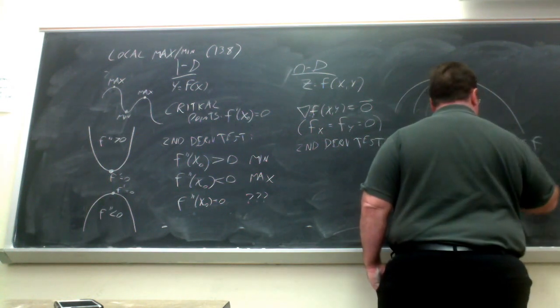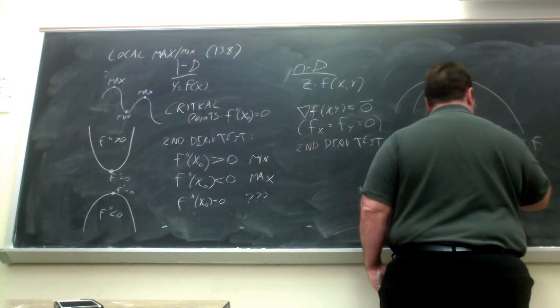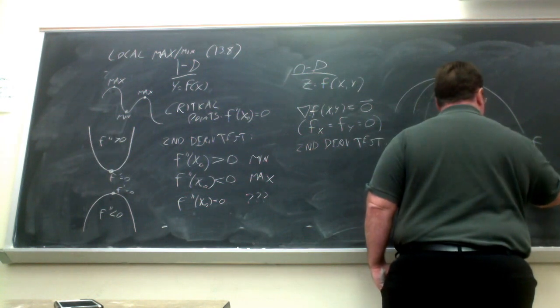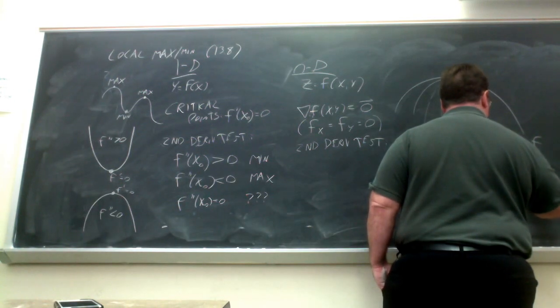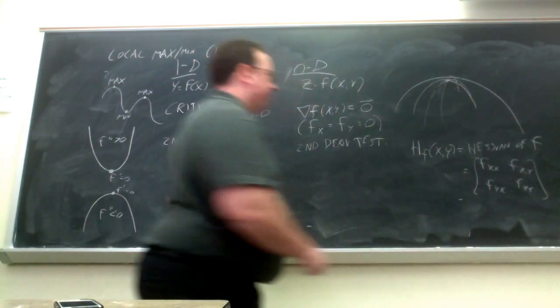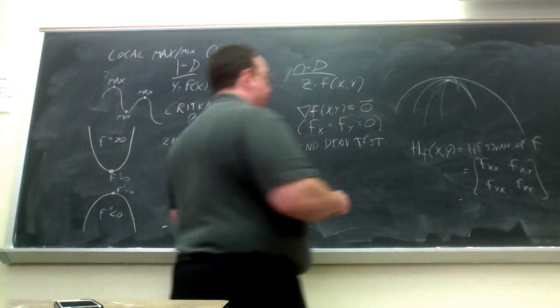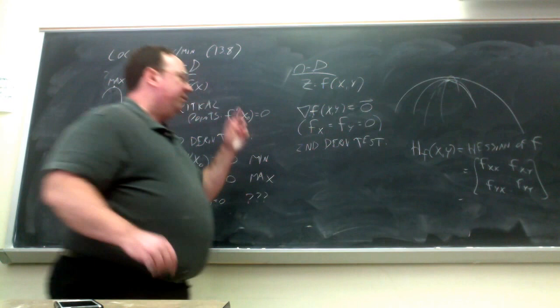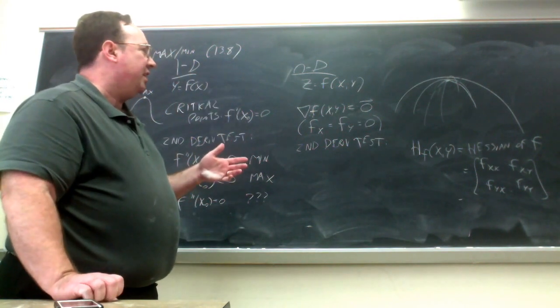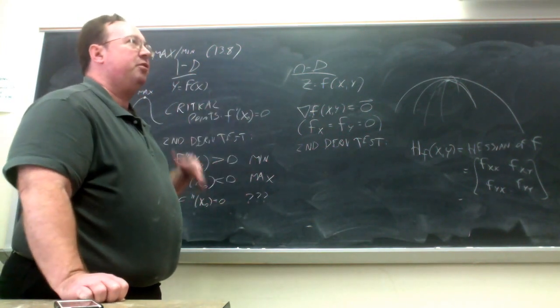And what it is, is a matrix of all the second partial derivatives: fxx, fxy, fyx, fyy. You just arrange them like this. So this is used to classify critical points as either a max or min or other things.